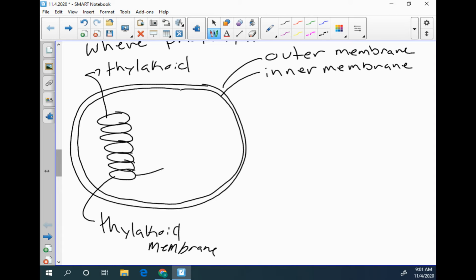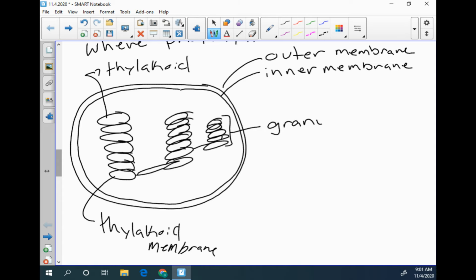But there's not just one stack. These stacks can connect to one another. And each stack is called a granum.